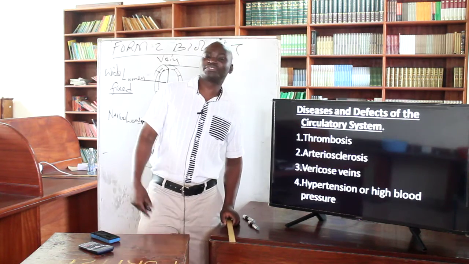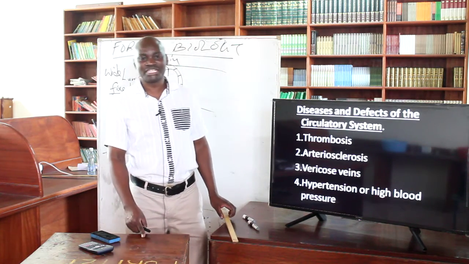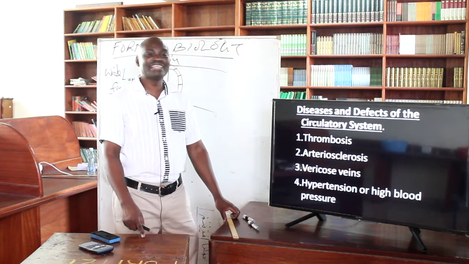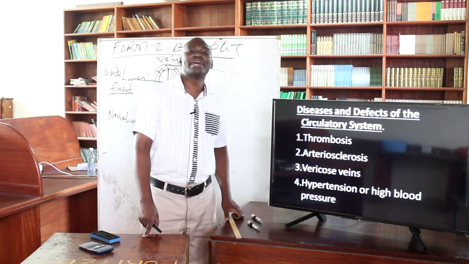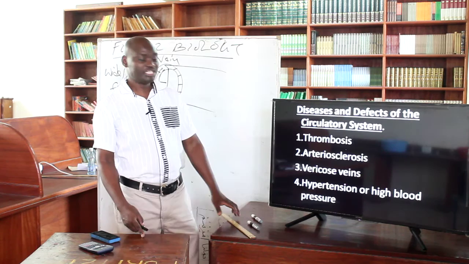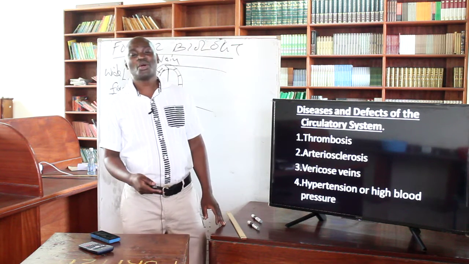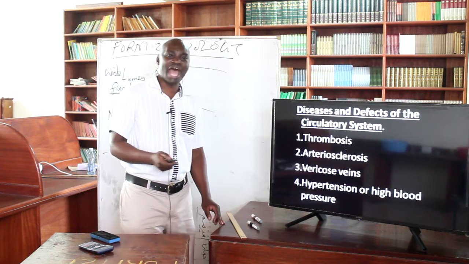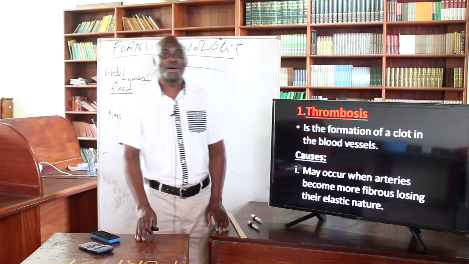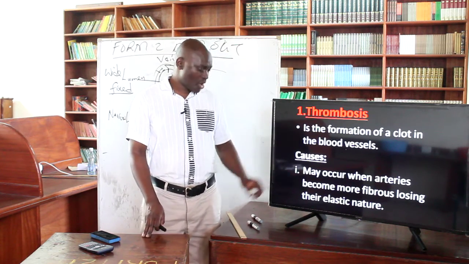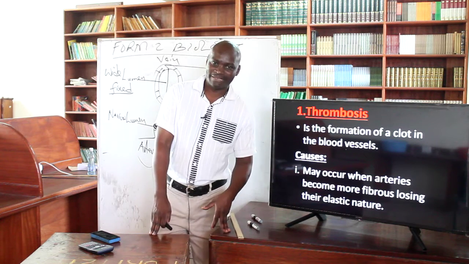Have you ever heard of people suffering from high blood pressure? Some of these we can avoid through whatever we consume in terms of food or the lifestyle that we have. So moving forward, let us look at thrombosis.